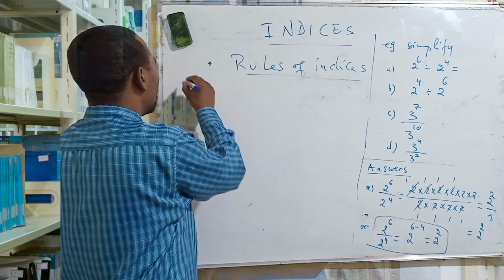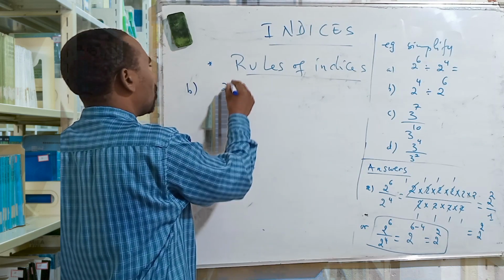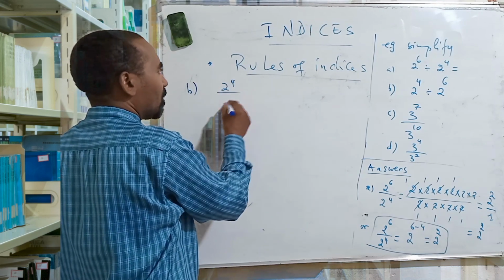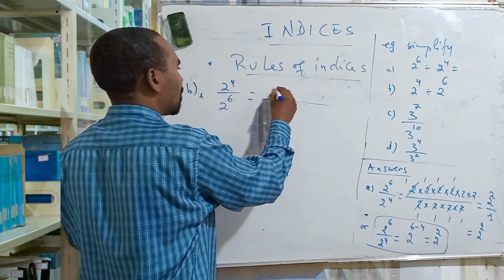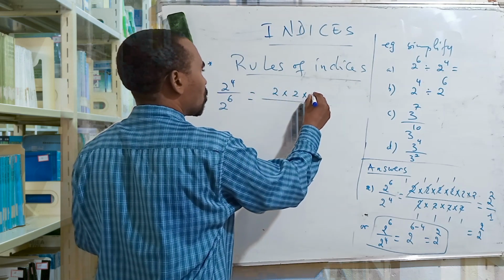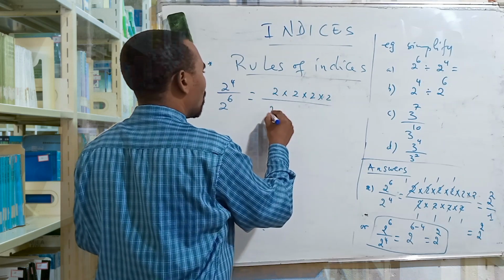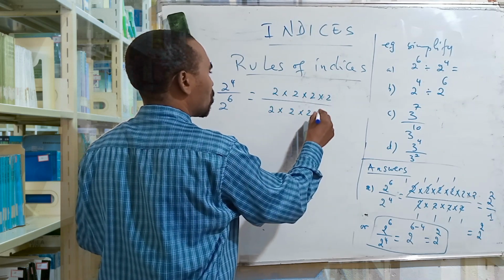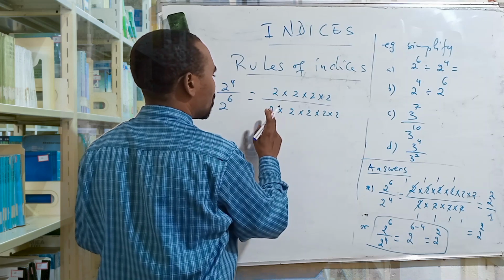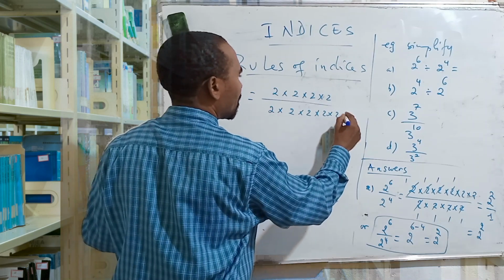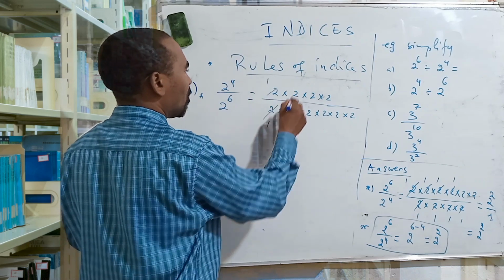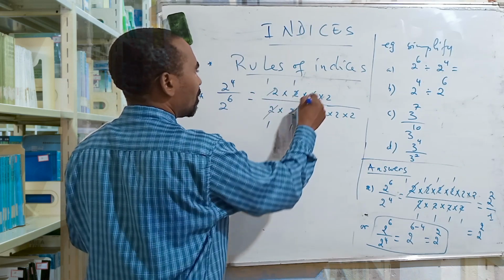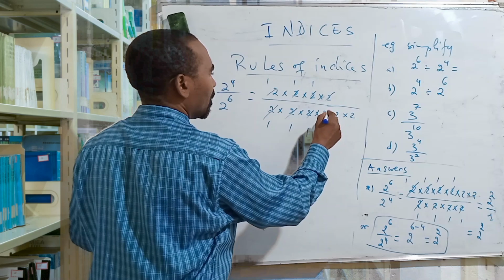Number 2, when you have 2 power 4 dividing by 2 power 6, in the first method, I will write 2 times 2 times 2 times 2 over 2 times 2 times 2 times 2 times 2 times 2, 6 times: 1, 2, 3, 4, 5, 6. By simplifying, this is 1 over 1, 1 over 1, 1 over 1, 1 over 1.